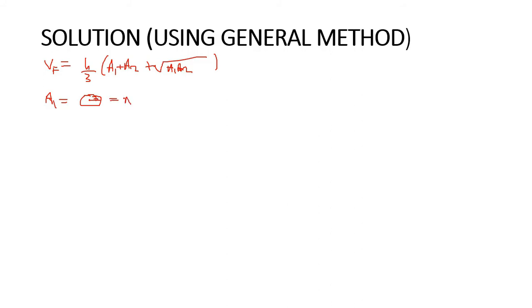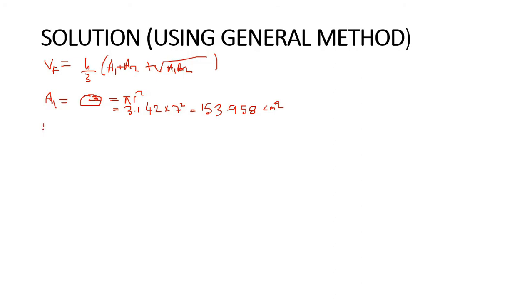Therefore it will be equal to pi r squared, which is 3.142 multiplied by 7 squared, and this will give us a value of 153.958 centimeter squared. Area is always squared. So you have found your A1.